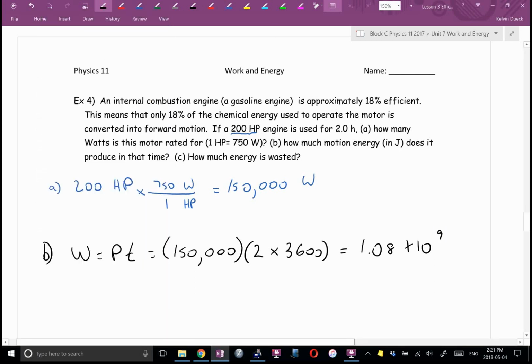Some of your calculators might have defaulted to scientific notation on that big a number automatically. Power is measured in watts, but this is work, because W here is work, not power. So this one is going to be in joules. I've gone on my rant about how we really need more letters in our alphabet.